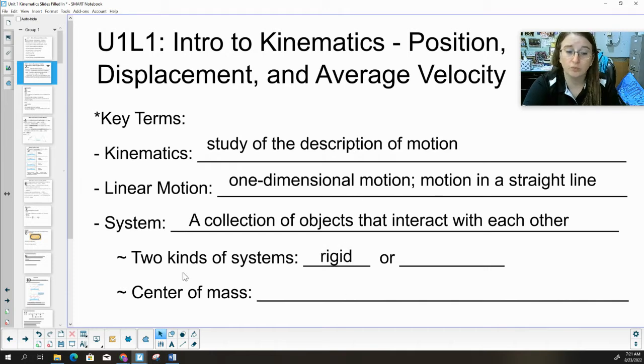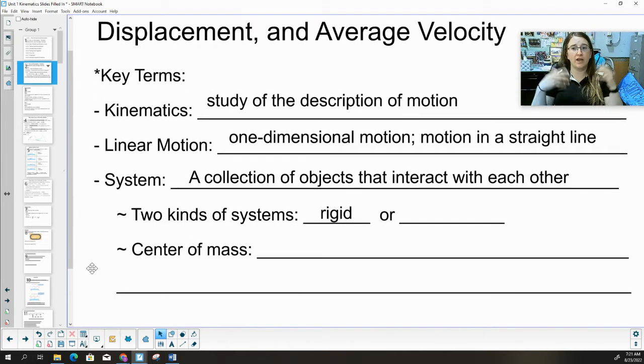Now, two kinds are rigid, which means they don't move. You can consider your body to be a system of parts that move together, but for the most part, my arm is not going to detach from my body. Or not rigid. Again, like the pool balls, I can still call it a system, but when I hit them, they're going to go off in all these different directions.